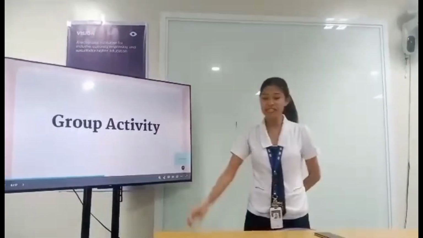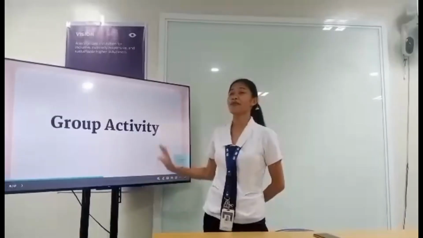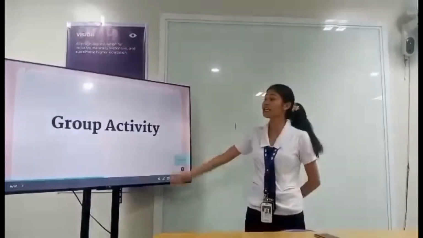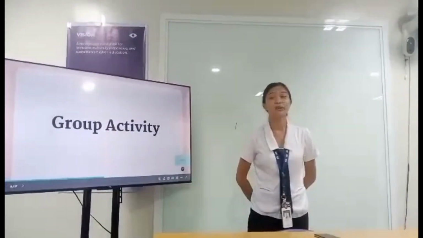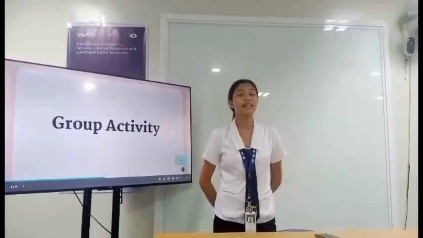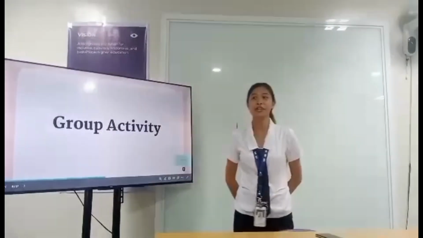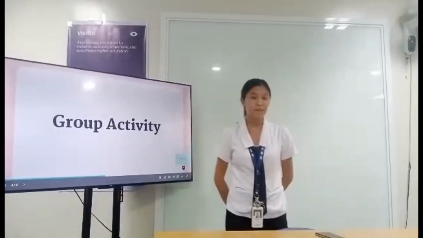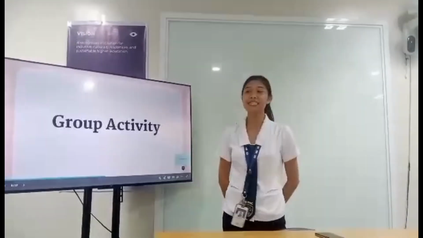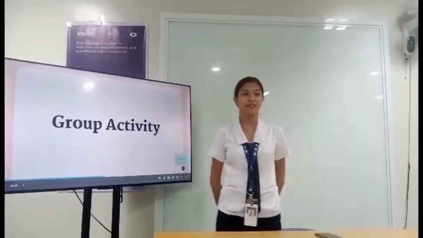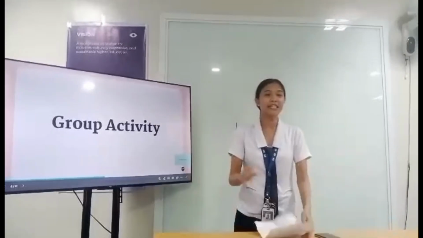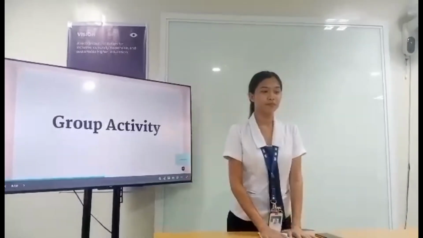For the first sentence, you will write the name of your mother, and for the second and third sentences, you will now use the personal pronouns that also refer to your mother as the main subject. So I will give you 5 minutes to finish your group activity. 5 minutes starts now. Done, teacher.